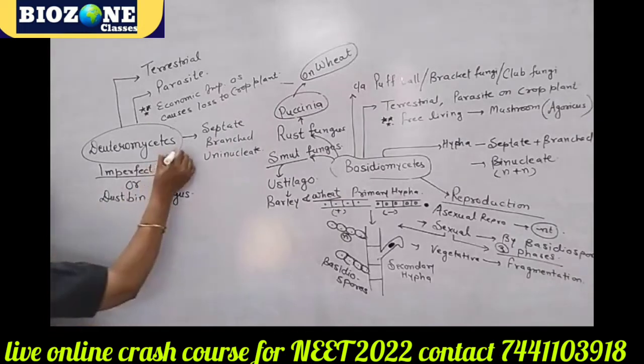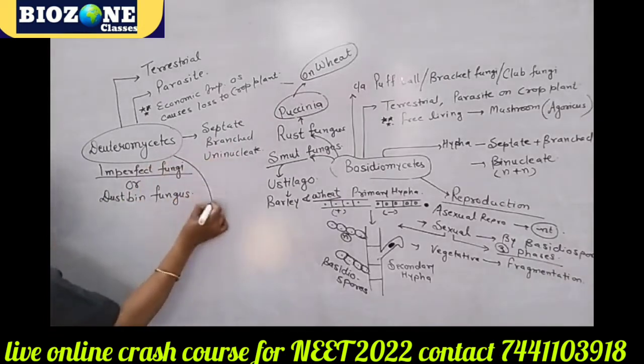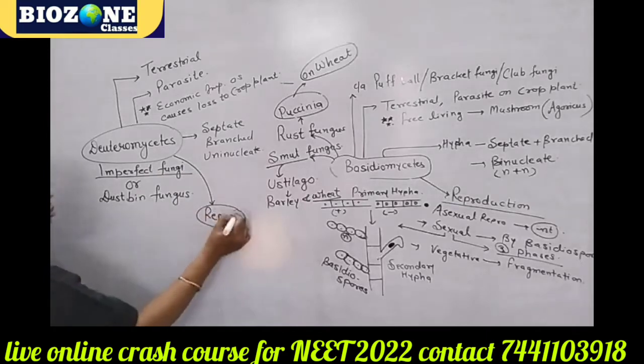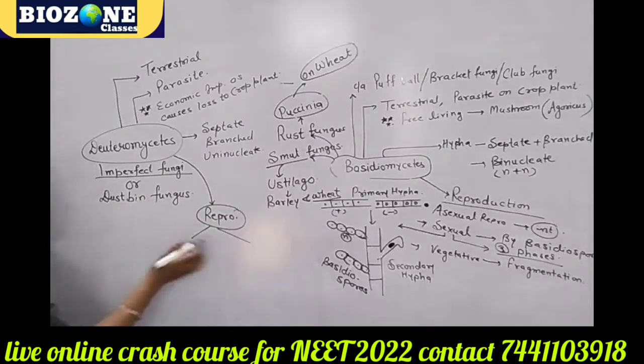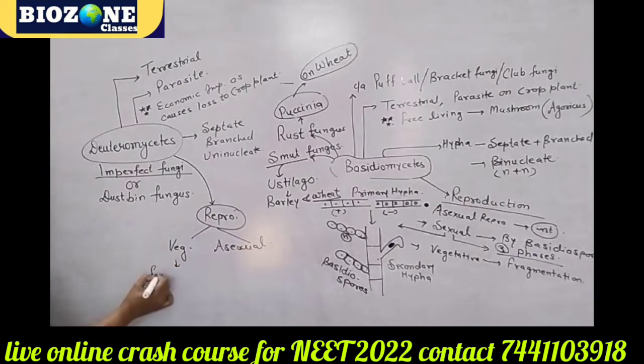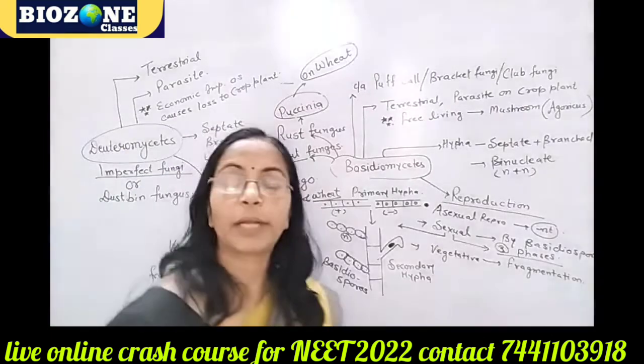After deuteromycetes when you come here, so we study about reproduction. Reproduction is only vegetative and asexual. Vegetative by fragmentation. See, yesterday we studied the vegetative reproduction takes place by fragmentation, budding and fission.